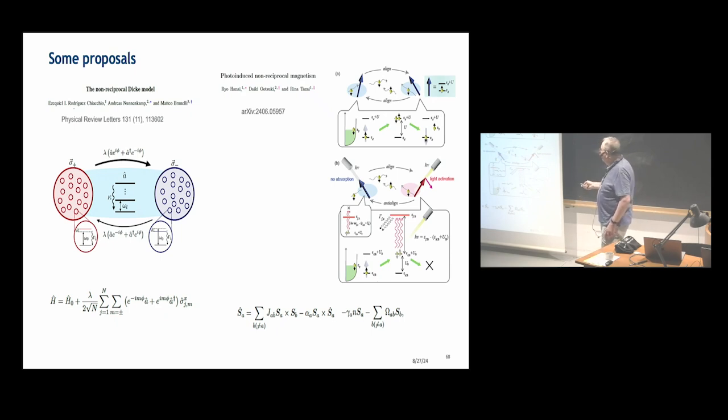It's possible to imagine making an optical excitation which interferes with the process of hopping onto the site, but doesn't interfere with the process of hopping off. Right? And under certain ways of doing that, you can actually generate non-reciprocal terms. This is actually done for an RKKY model.